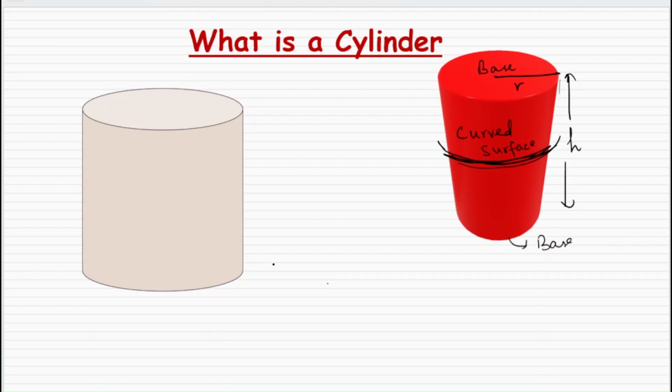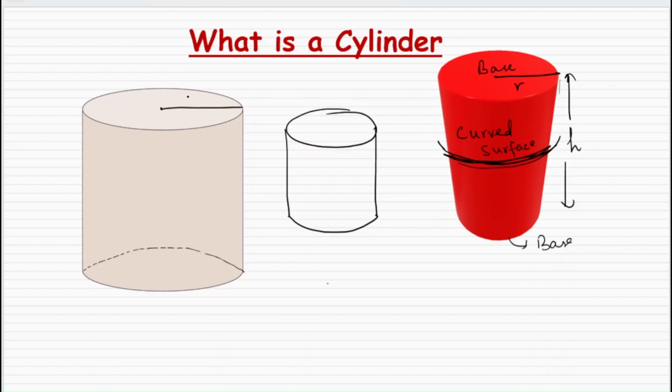When we draw the cylinder on paper, of course, we cannot rotate it. It's a 3D object. So we draw the top, then we draw the two heights, and then we complete it from the bottom. If you want to show the circular base at the bottom also, you can draw it with a dotted line. Now where is the radius?